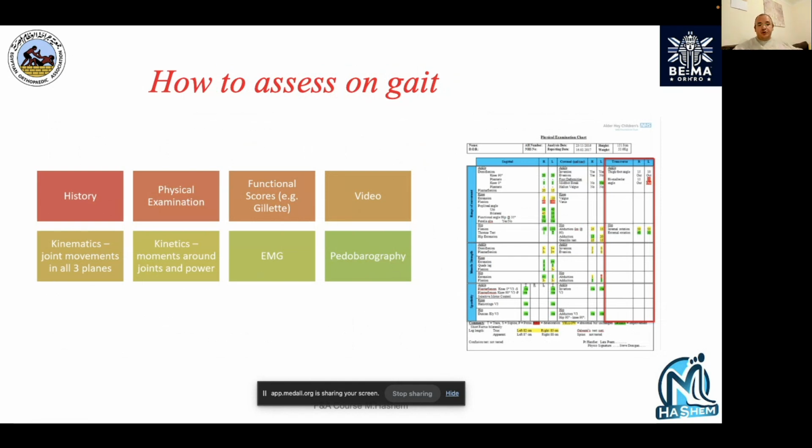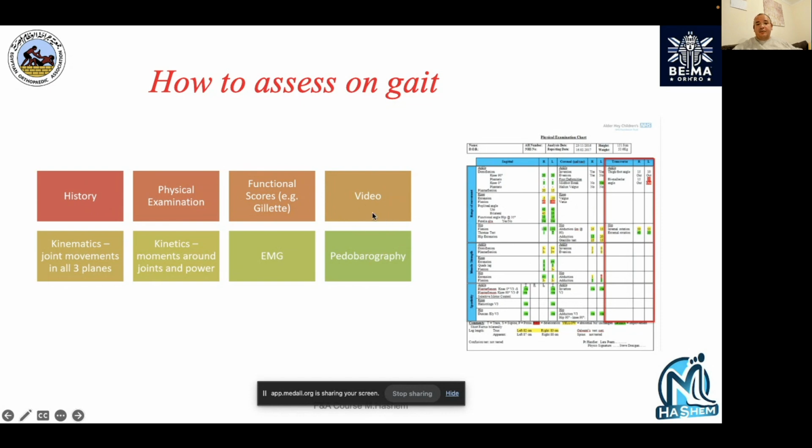And in the end, you do barography, which is where you measure the pressure of the foot over the ground. You have some mats and pads which test the pressure, where you load your foot and how much you load it. On the right side, you see the physical examination chart of Alder Hey Hospital in Liverpool. So, taking history from the patient, physical examination through a specialized chart like that, it includes functional scoring.